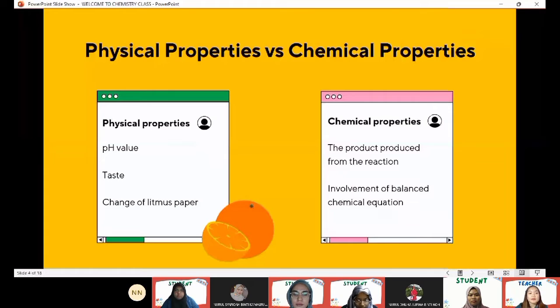Will you be able to differentiate between physical properties and chemical properties? Yes, teacher.